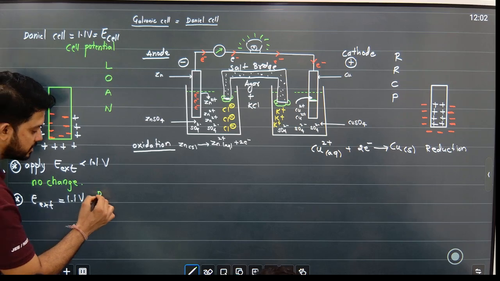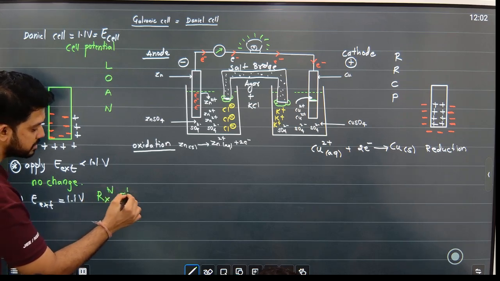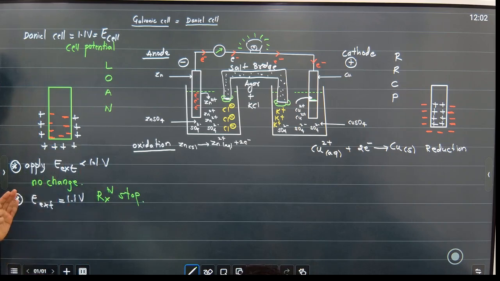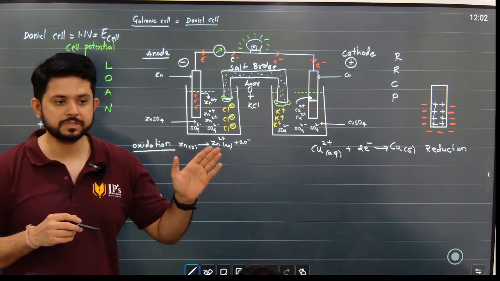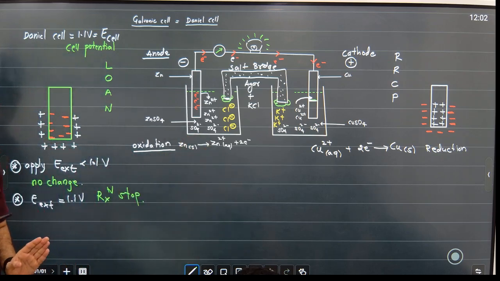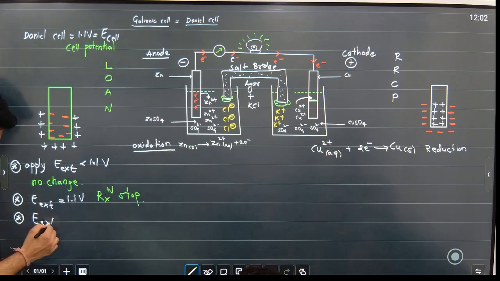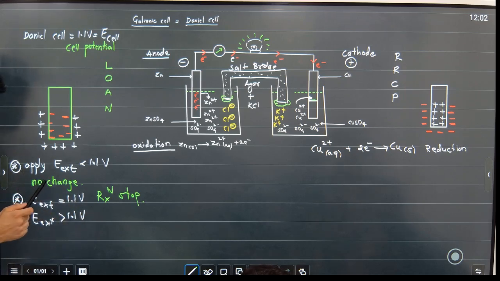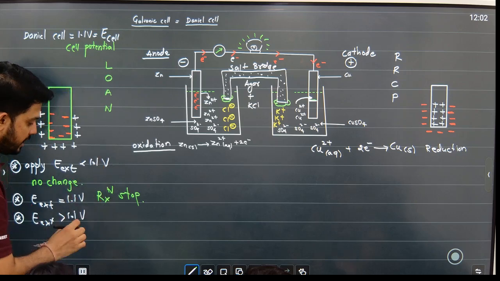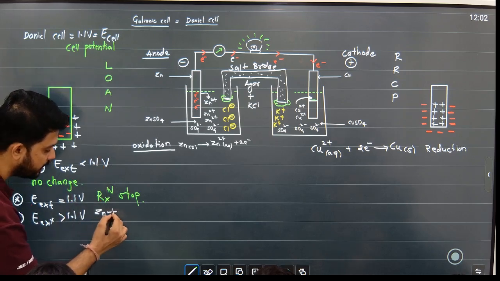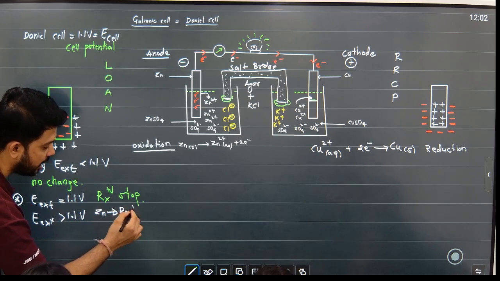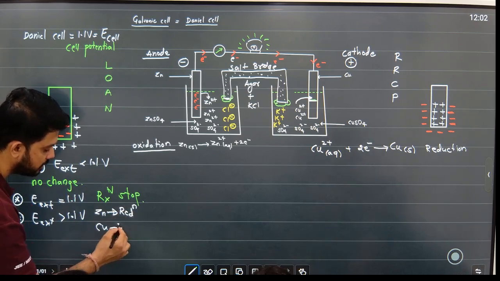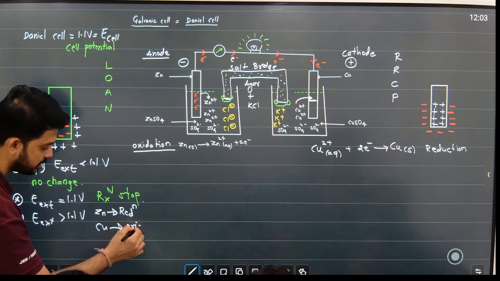The reaction stops, or you can say the cell stops functioning. And what if you apply external voltage greater than 1.1 volt? Faster. So zinc, which was undergoing oxidation, will start undergoing reduction. And copper, which was undergoing reduction, will start undergoing oxidation.